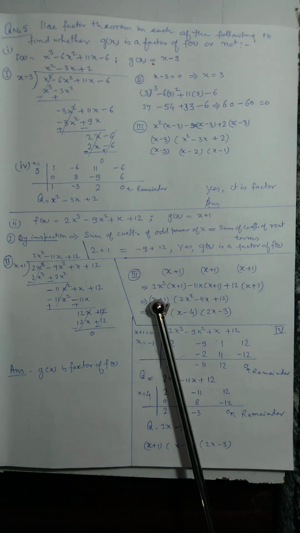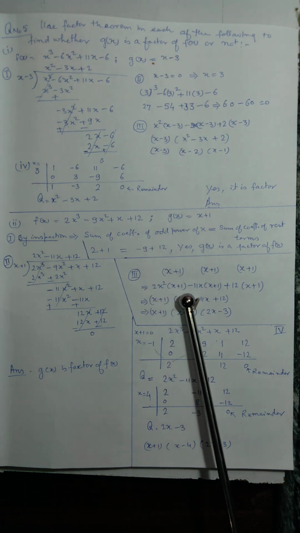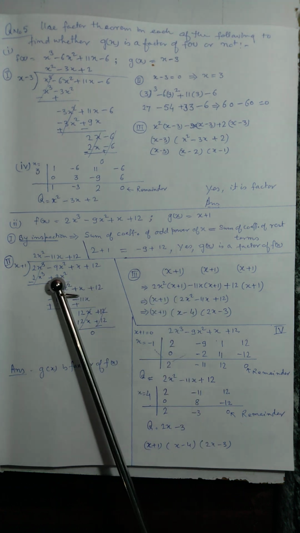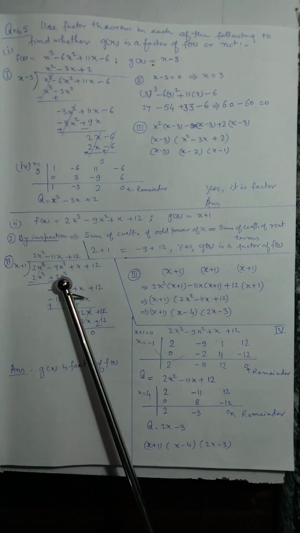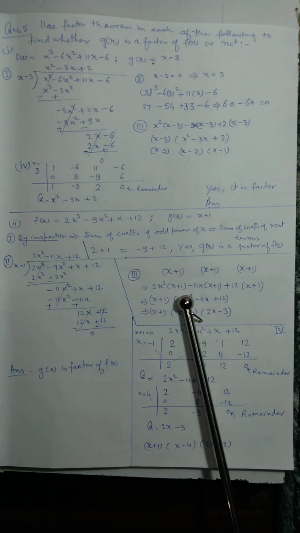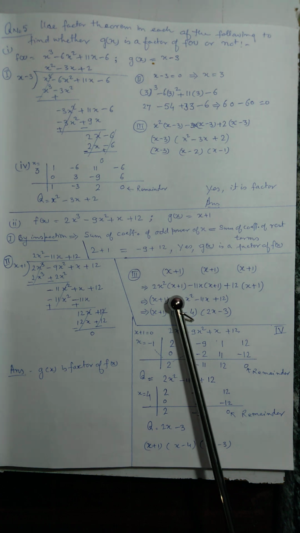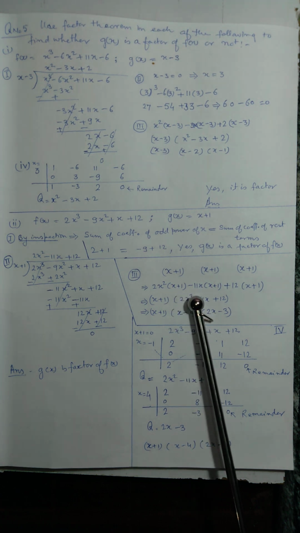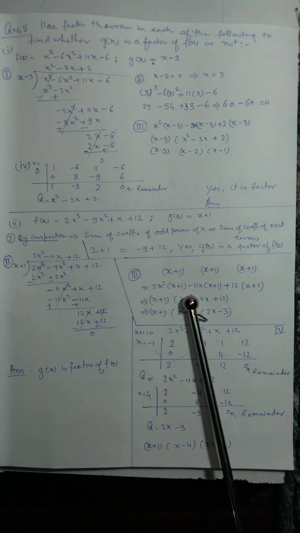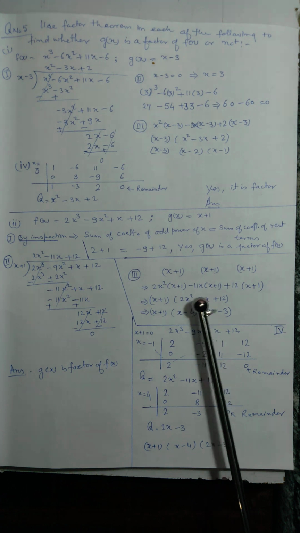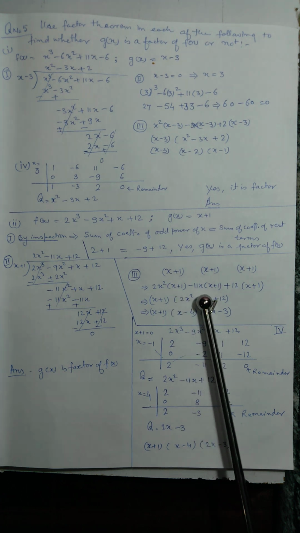Side by side you will get 2x square also, but in the dividend minus 9x square is there. So you have got here plus 2x square. So in order to get minus 9x square, you put minus 11x. When you multiply it, you will get minus 11x square and plus 2x square. Ultimately you will get minus 9x square.